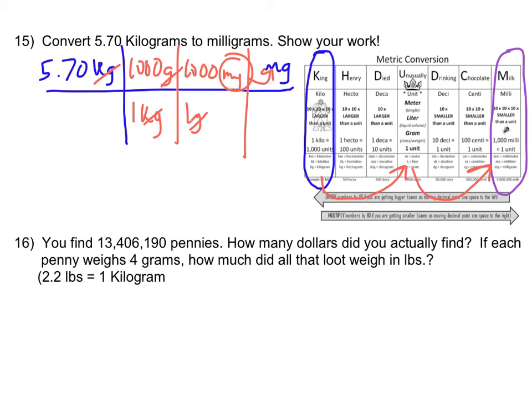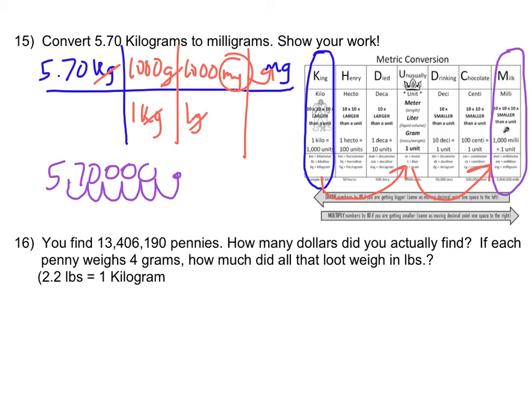Okay? So 5.70 times 1,000 times 1,000. That's 1 with 6 zeros after it. And so I can move my decimal 1, 2, 3, 4, 5, 6 places over.